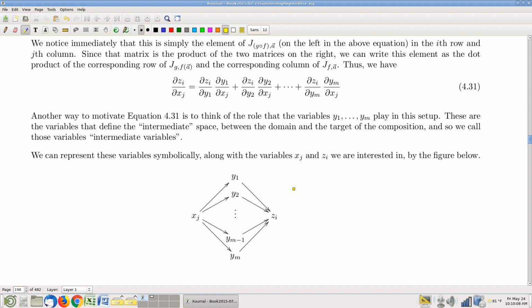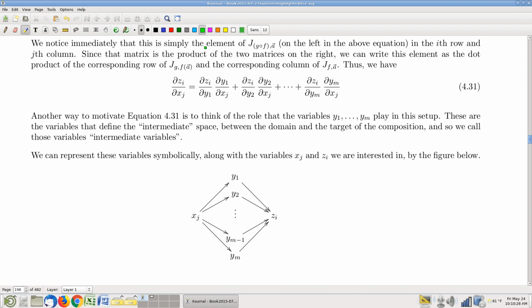This following point of view is an alternative, you might say, to composing derivative transformations. Instead of a vector point of view on the chain rule, you might call this an individual variables point of view on the chain rule. And here's the idea.